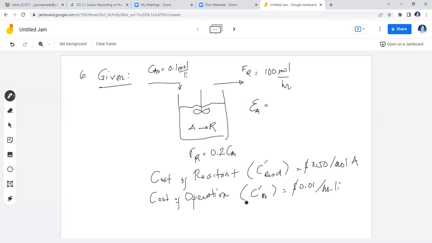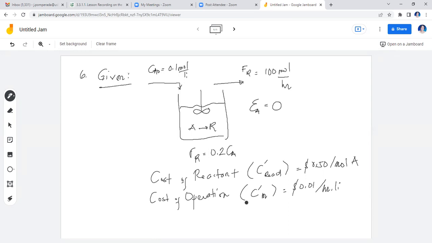So since the problem is talking about a solution, your epsilon A is equal to zero. Your epsilon A will only be not equal to zero when it is gaseous, when the reaction is constant pressure, or when specifically the problem mentions that it's a varying volume system. These are the three conditions when your epsilon is not equal to zero.